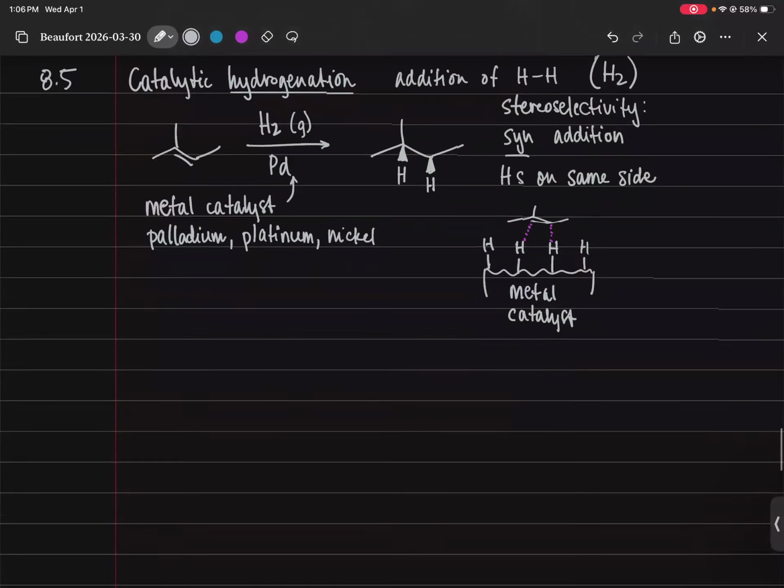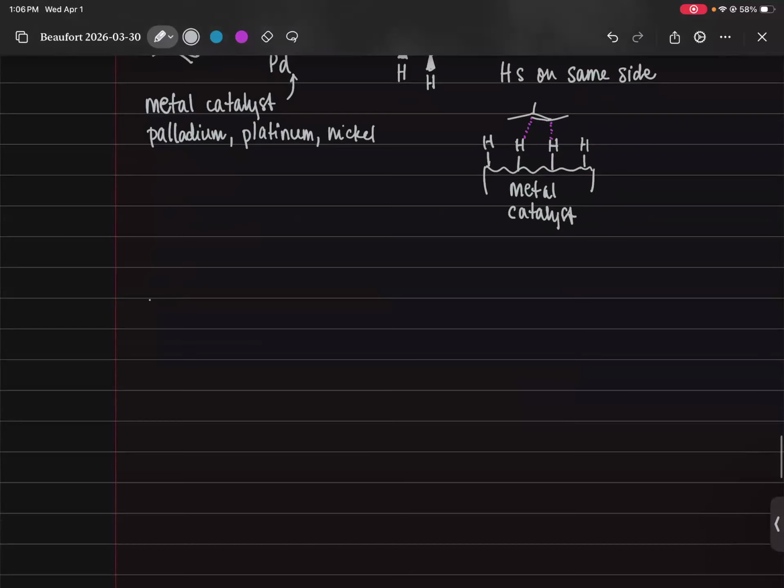You can also get anti-addition by using a different catalyst. It's called Wilkinson's catalyst. It also uses a rare transition metal, but it's more complicated.